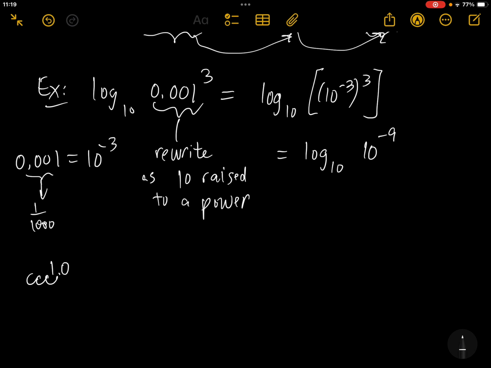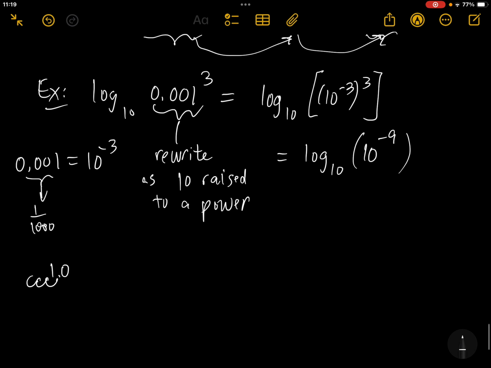Adding them would be 10 to negative 3 times 10 to negative 3, that would be 10 to negative 6. This is cubing 10 to negative 3. Okay, so now we have log sub 10 of 10 to the negative 9, and that is equal to, what's the answer? Negative 9.